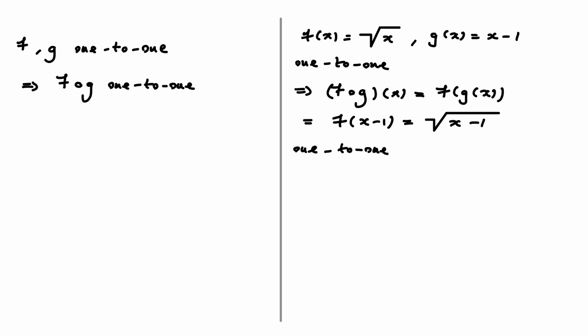So as a warning, one-to-one doesn't play particularly nice with the other operations. Adding one-to-one functions doesn't necessarily guarantee one-to-one. None of them do, really. So warning. In general, this is not true of the other operations, my more basic ones.